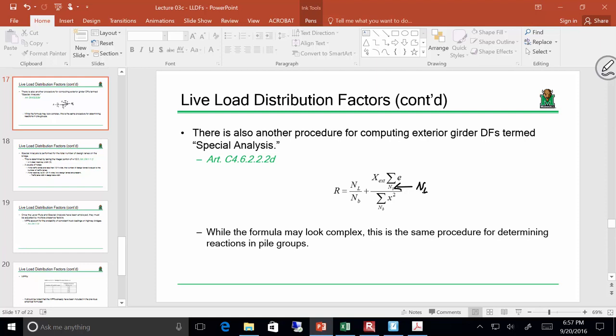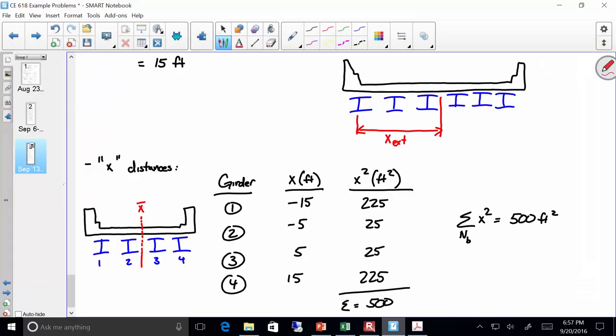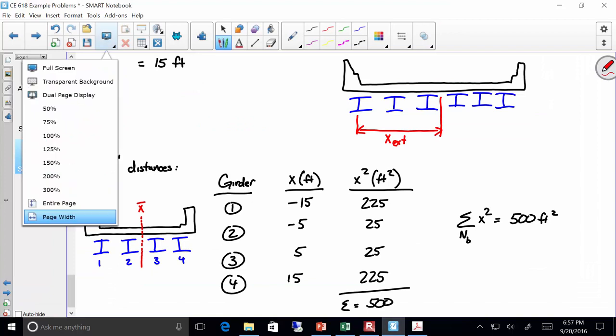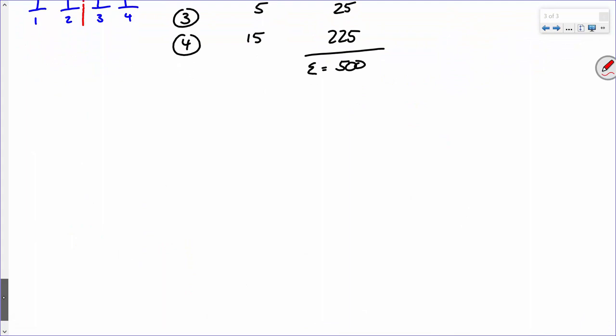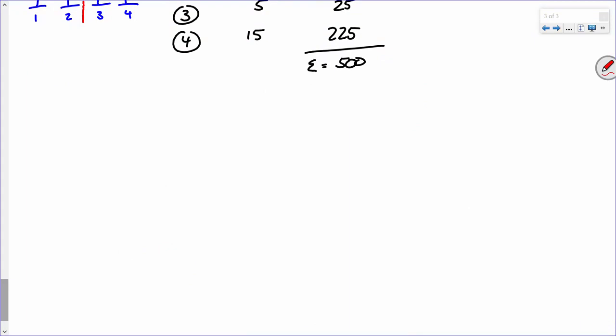I'm going to do my best to be artistic with this, because I have to be somewhat artistic in my diagrams. Okay. All right. So let's look at our E distances.